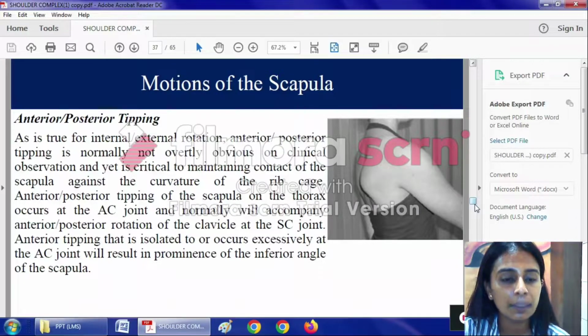Anterior posterior tipping of the scapula on the thorax occurs at the AC joint and normally will accompany anterior posterior rotation of the clavicle at the SC joint. Anterior tipping that is isolated or occurs excessively at the AC joint will result in prominence of the inferior angle of the scapula.